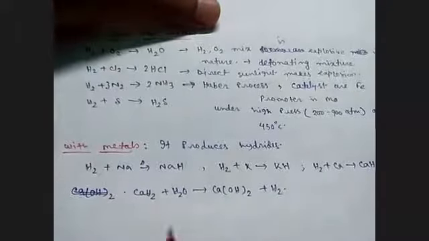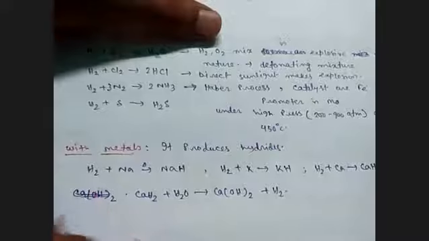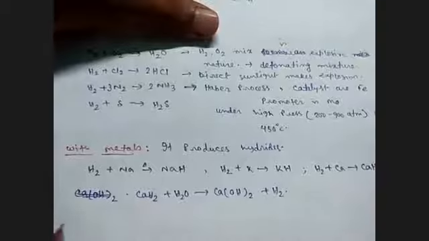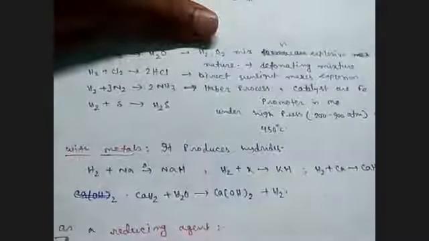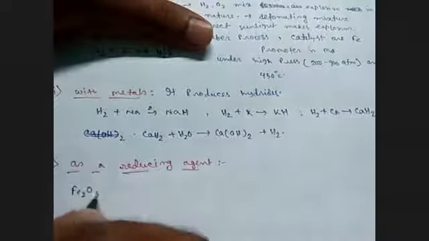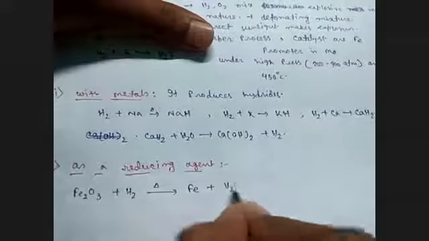Next, as a reducing agent. We know that hydrogen is a strong reducing agent. It will reduce some metal compounds. Like if we pass hydrogen over Fe2O3, it will form Fe and H2O.